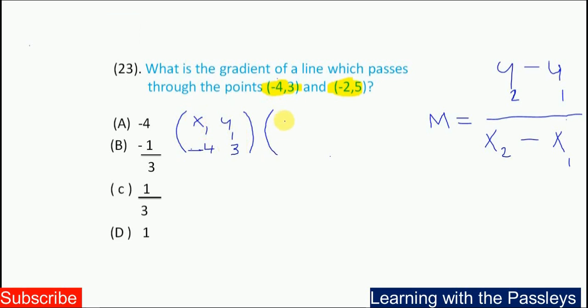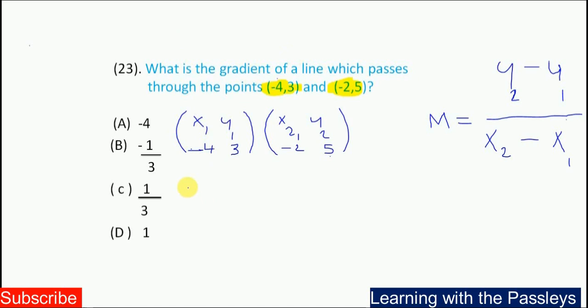In bracket here I have x2 and y2. The value for x2 is minus 2, and the value for y2 is 5. Since we know these values, we are going to solve this problem because we are problem solvers. Let's go.